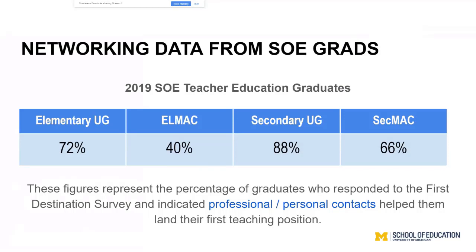And you can see the breakdown among the different programs and how that shakes out. The other thing that became most important is the online job boards in which you will find job opportunities. So networking and job boards, okay?